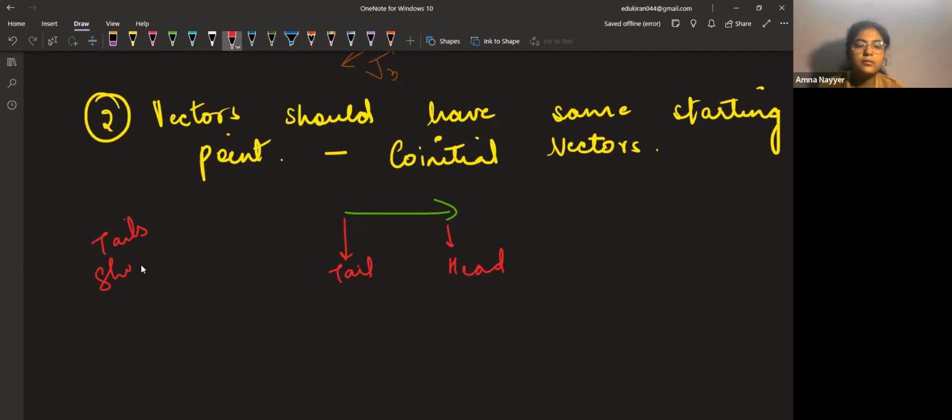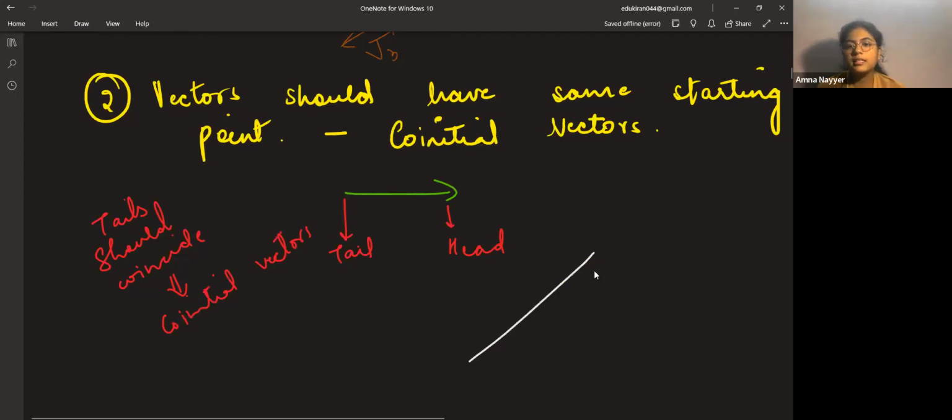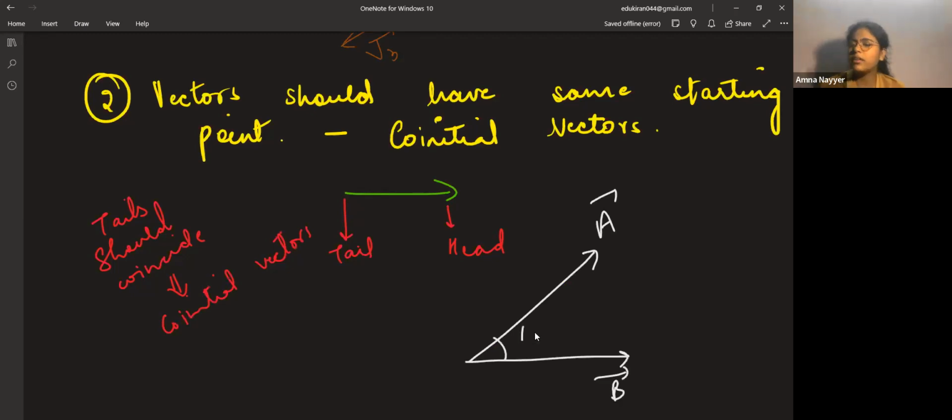Tails should coincide for coinitial vectors. It means this is one vector A, this is one vector B, with whatever angle they subtend in between.